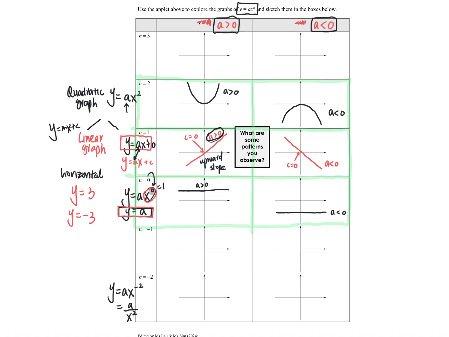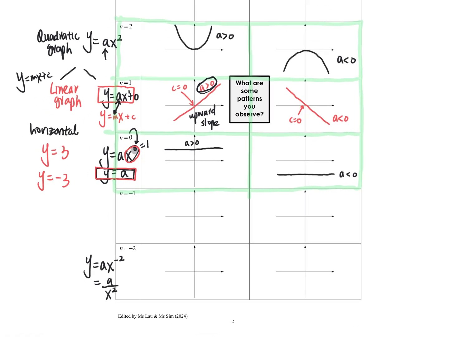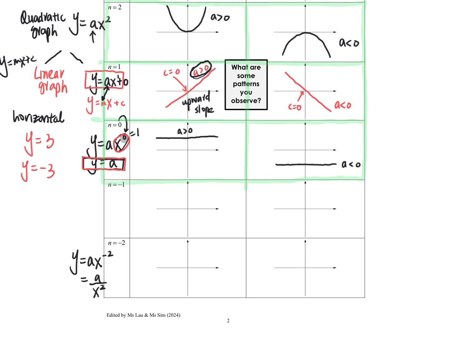Okay, so just now you just plotted the first graph. And we have shown you that if it is y equals 1 over x squared, if you plot it out, it will look like this. So if a is positive, then this is how the graph should look.